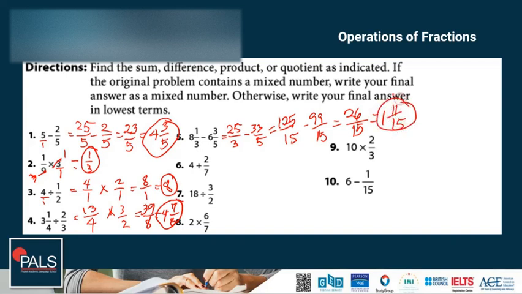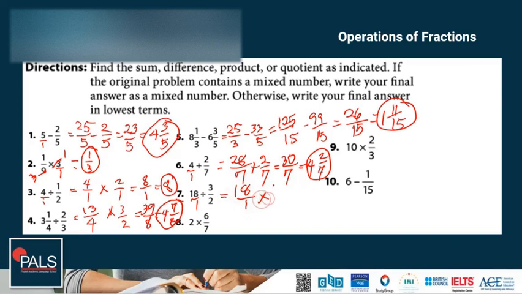Okay, number 6. So we have 28 over 7 plus 2 over 7, so we have 30 over 7, or 4 and 2 over 7. Okay, number 7. So 18 over 1 times 2 over 3.